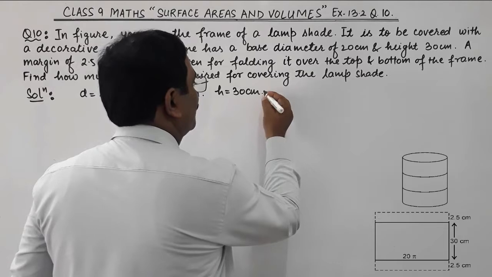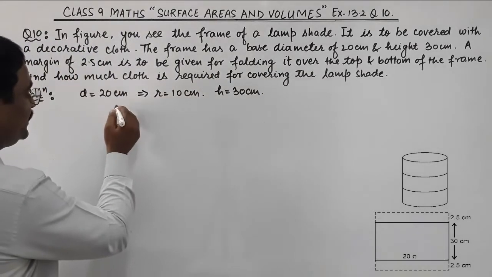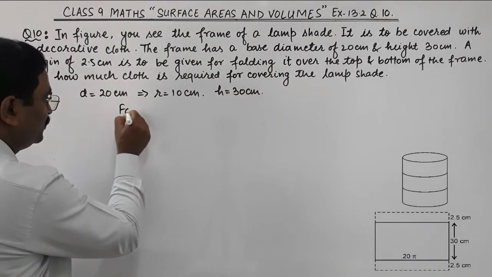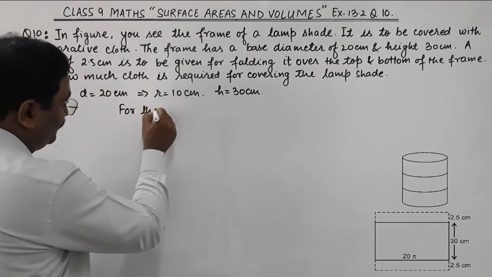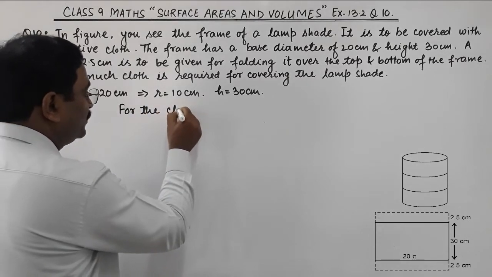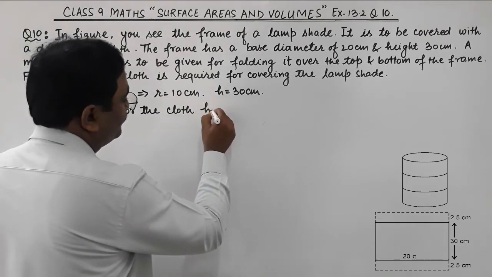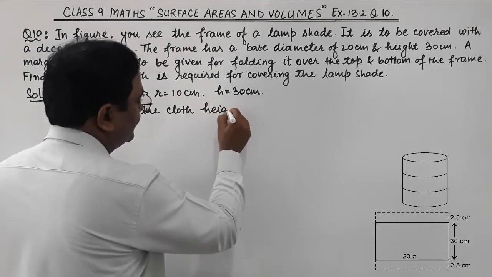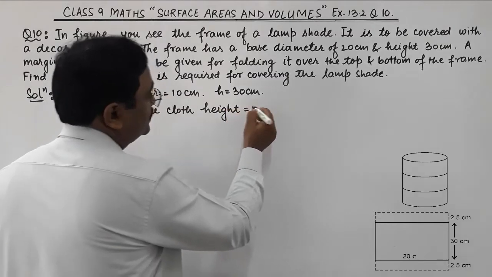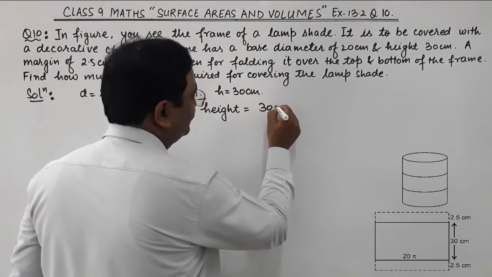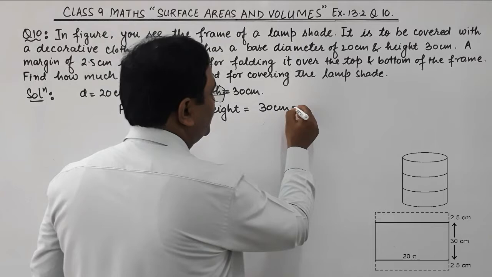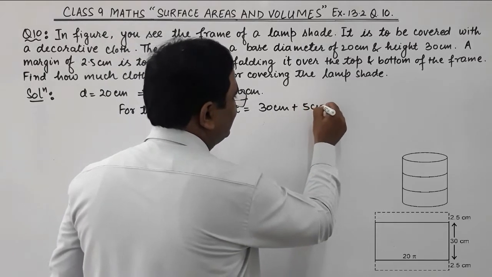So for the cloth, height becomes this 30 centimeter, the actual height of the frame, plus 5 centimeter increased.